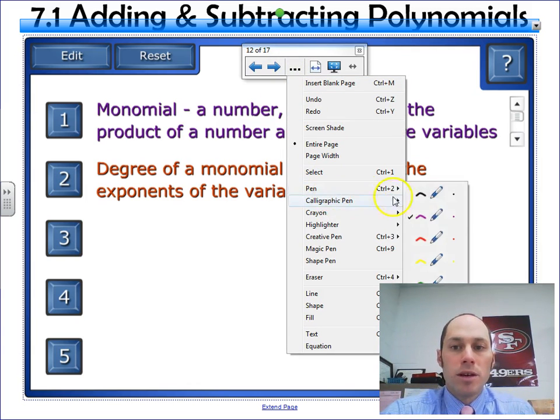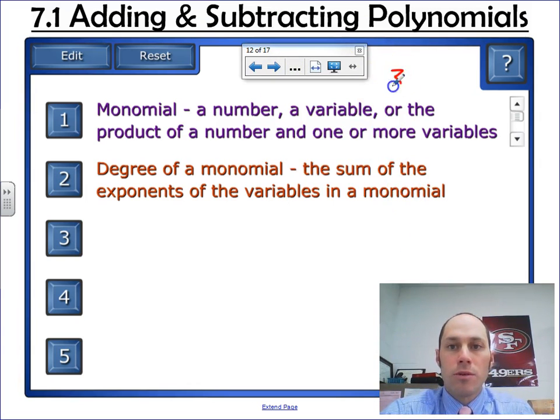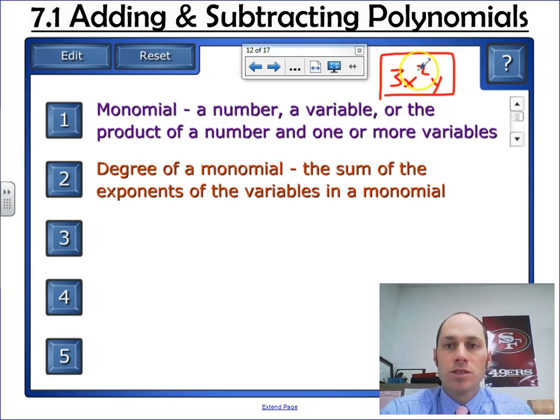So if we have a monomial such as 3x squared y, that would be a monomial because it's a product of a number and a couple variables. The degree of that monomial would be degree 3, because we have x squared, which is 2, and y, which is 1.